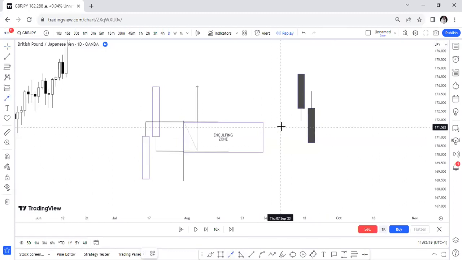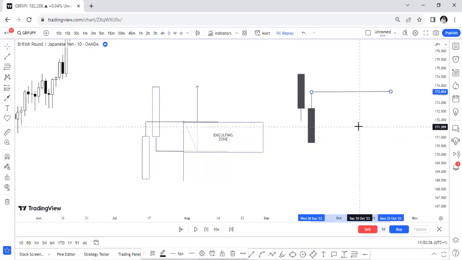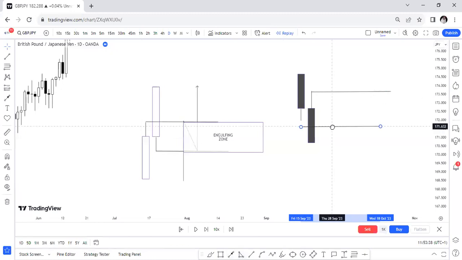So what this information tells us is this. This is the high of that upper wick, and this is the low of the lower wick.